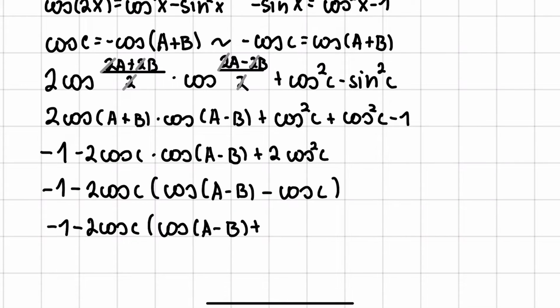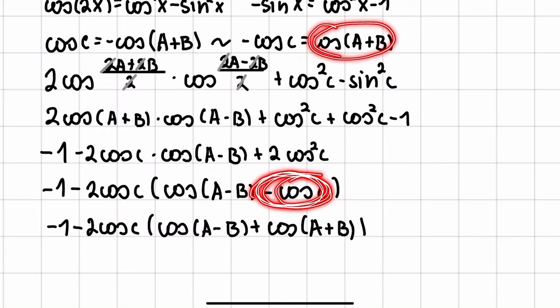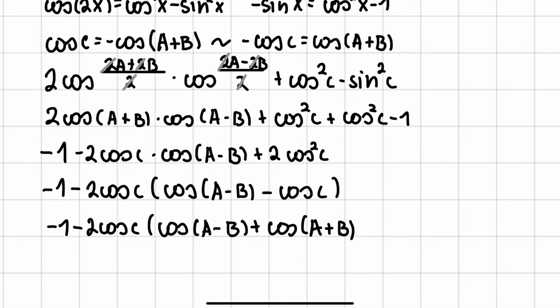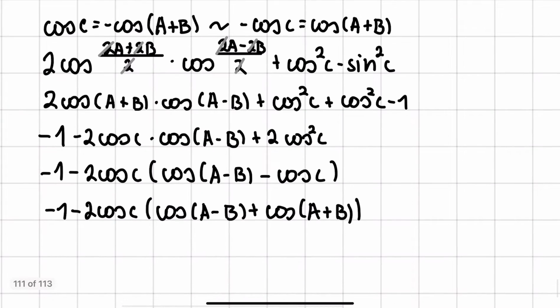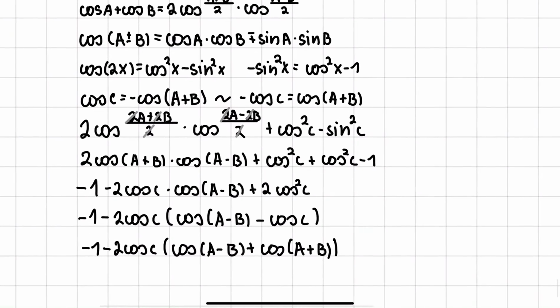It's going to be a plus now. Plus cosine A plus B. And do you know why? Here we had a minus, right? Okay, but we're going to switch this whole thingy here for this whole thingy here. And there's a plus here. Imaginary one. Real one, it's just not visible. And now I'm going to show you how to expand it.